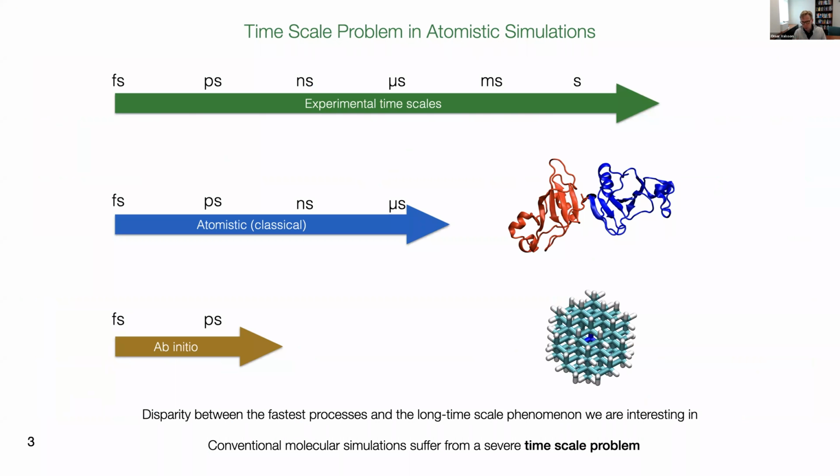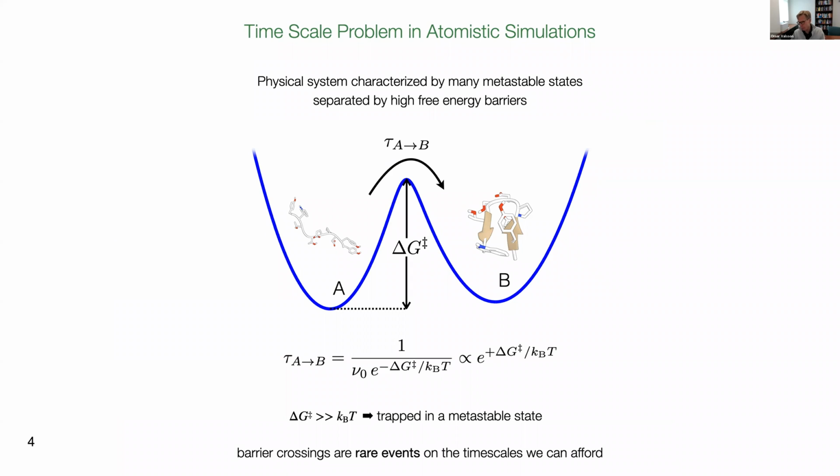Okay, as Michael was talking about yesterday, we have this kind of timescale problem in atomistic simulations: a disparity between the fast processes and the long timescale phenomena that we are interested in. Conventional molecular dynamics simulation suffers from a severe timescale problem. This can be understood by the fact that we have different metastable states separated by a high free energy barrier.